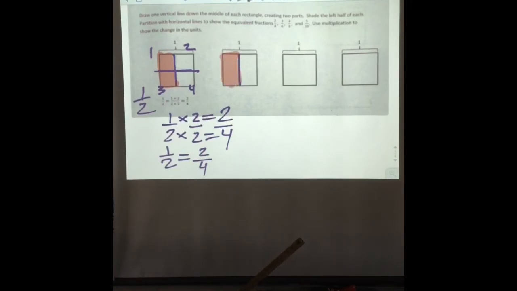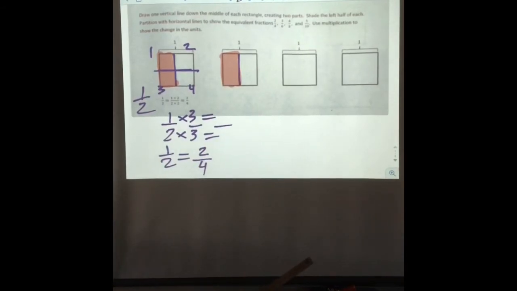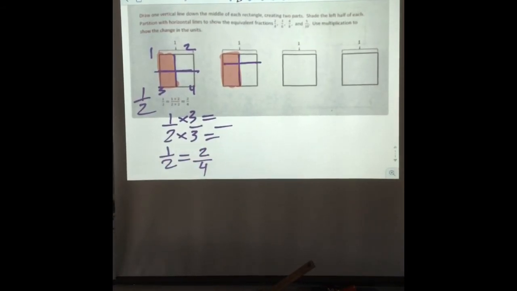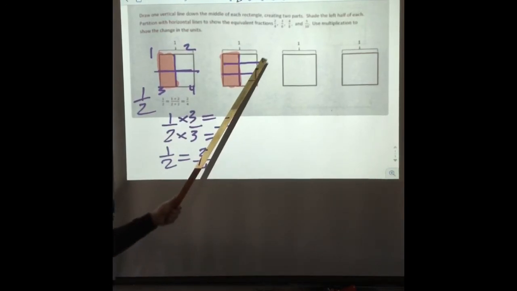Now let's say I do that again, but this time I want to do it by 3. So I'm going to get rid of this. I'm just going to use my same graphic. I'm going to multiply 1/2 by 3. So that means I'm going to cut this into how many pieces? 3 pieces, right?